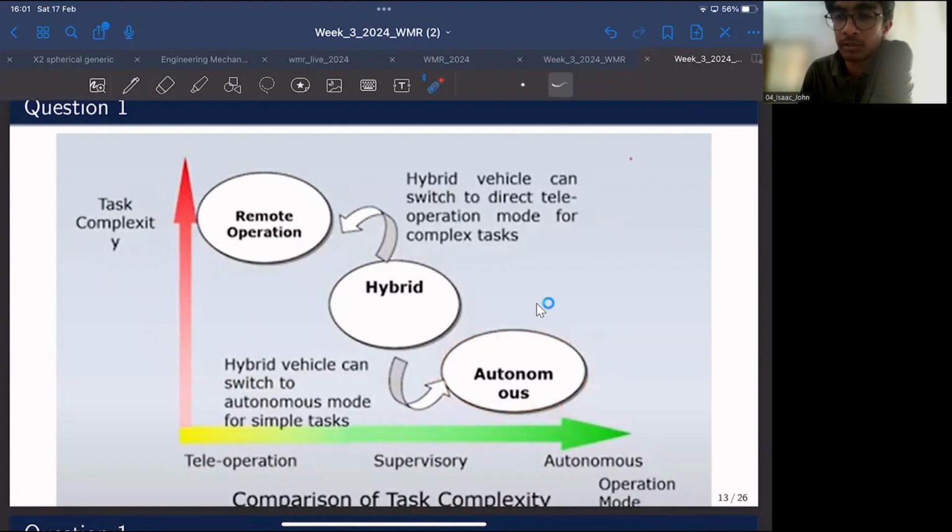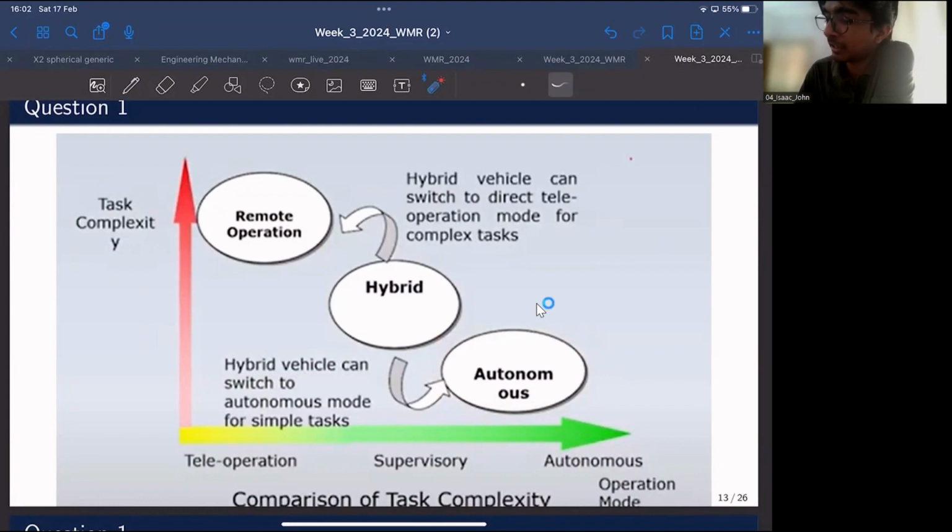It could be much cheaper in the longer run, because these days labor costs are increasing. In the long term, if an autonomous system can replace labor, what you invest in it would be much cheaper than the labor costs.